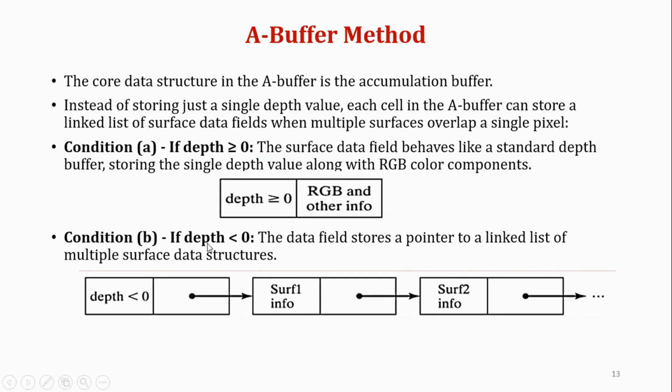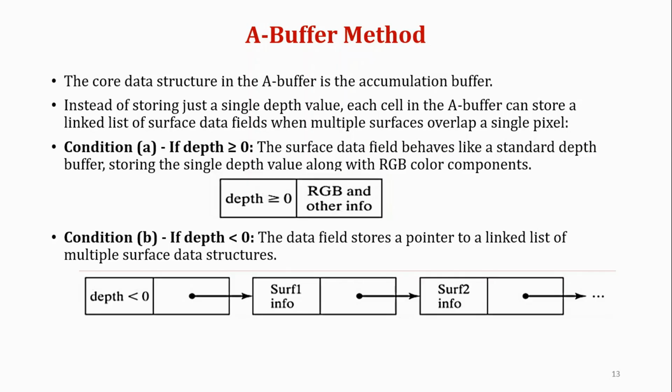In case two, if several surfaces overlap, the buffer stores a pointer to a linked list. The information is stored in the linked list: surface one, surface two, surface three, and so forth. Each node in the linked list represents one surface contributing to the pixel.